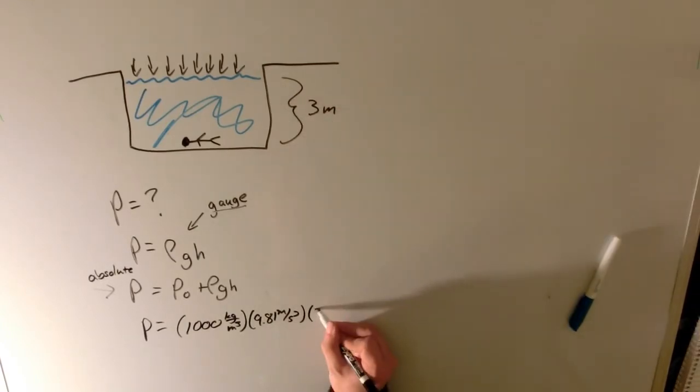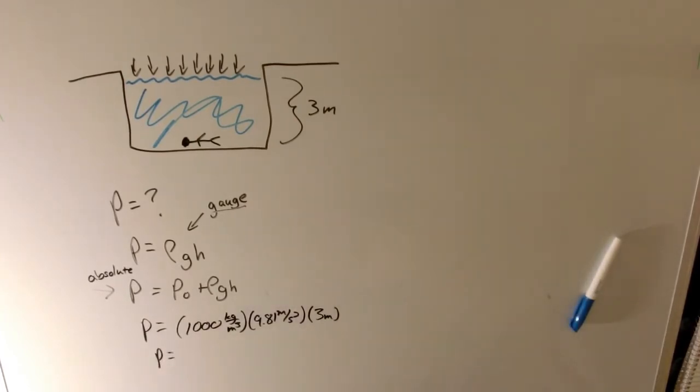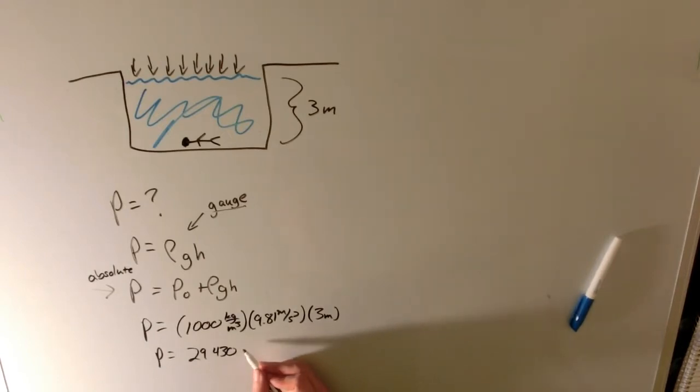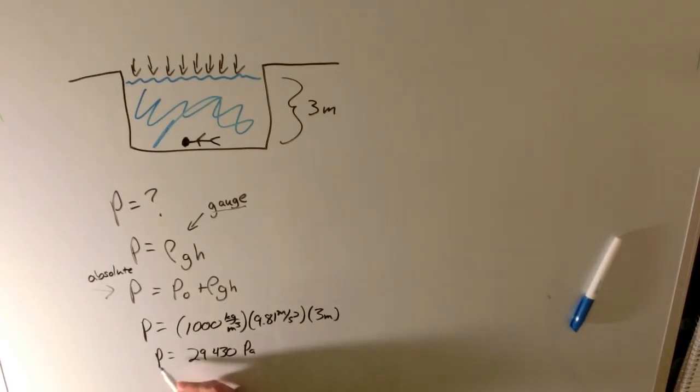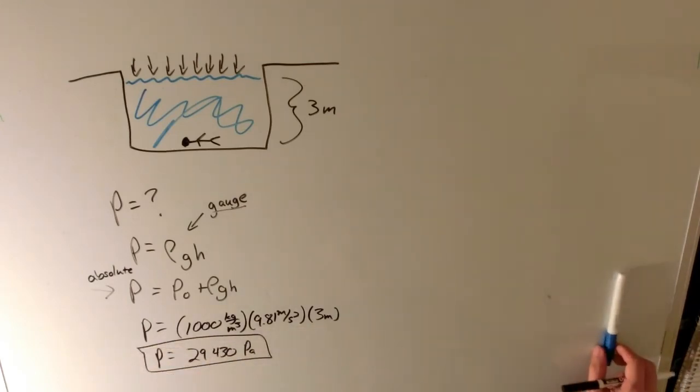We are 3 meters down. When we run these numbers through, we find that the pressure that we experience is 29,430 pascals. That is the gauge pressure that we feel.